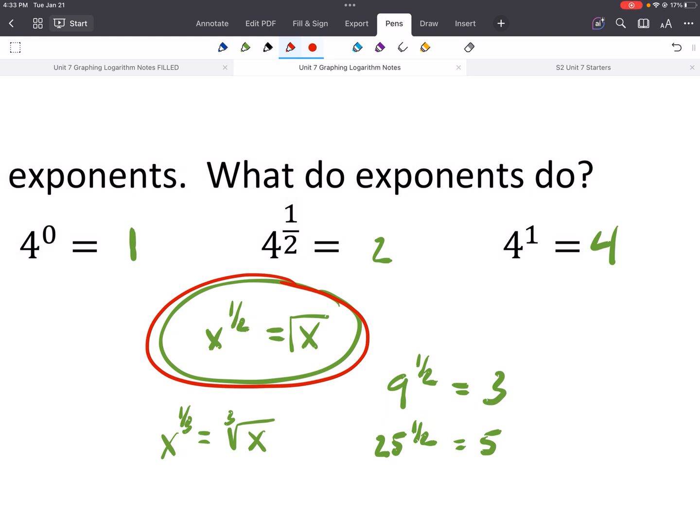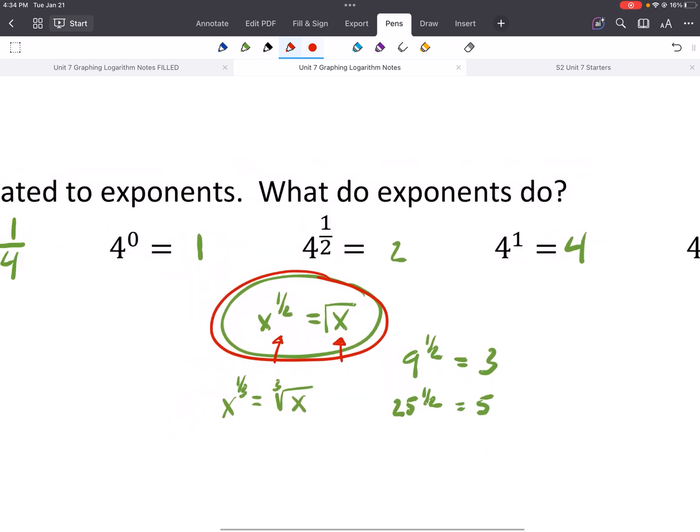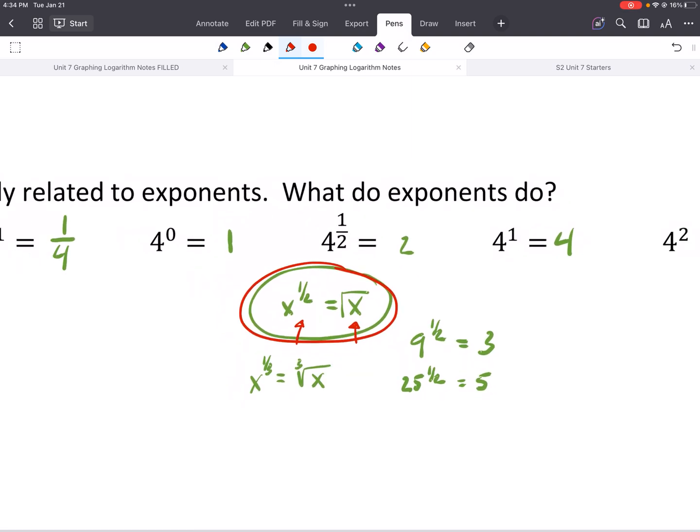They're just different forms. This is radical form, this is exponential form, just a different way to write the same thing. If you ever see a square root, or if you ever need to square root a number, we're just going to be using an exponent of 1/2. We'll probably come up with some examples of that in just a little bit.